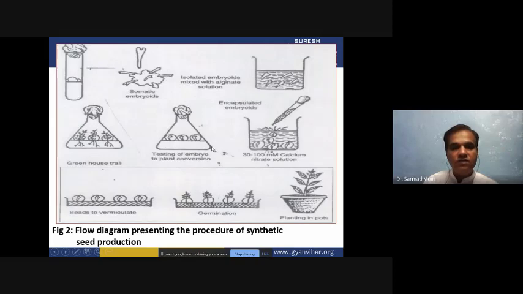In between the 6 to 8 months, if we have a requirement, we can put them into the media, so that these somatic embryos can germinate and produce the plantlet. If you want to test the capacity of the somatic embryos to produce plantlets, you can randomly choose 5 to 6 embryos and put them on the artificial media, and they can produce plantlets.